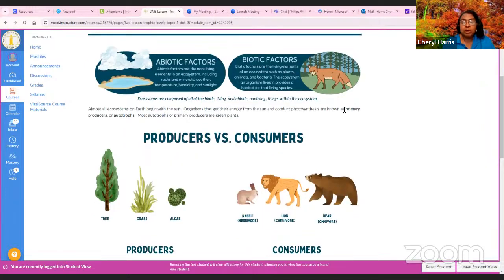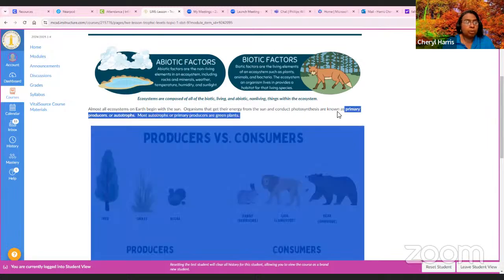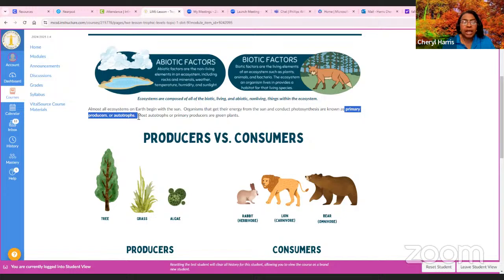The other words that we're going to be looking at are right here, primary producers and autotrophs. Autotrophs: the prefix auto means self, and troph is feeding. So they are self-feeding as opposed to heterotrophs. Heterotrophs have to take their food from other organisms.